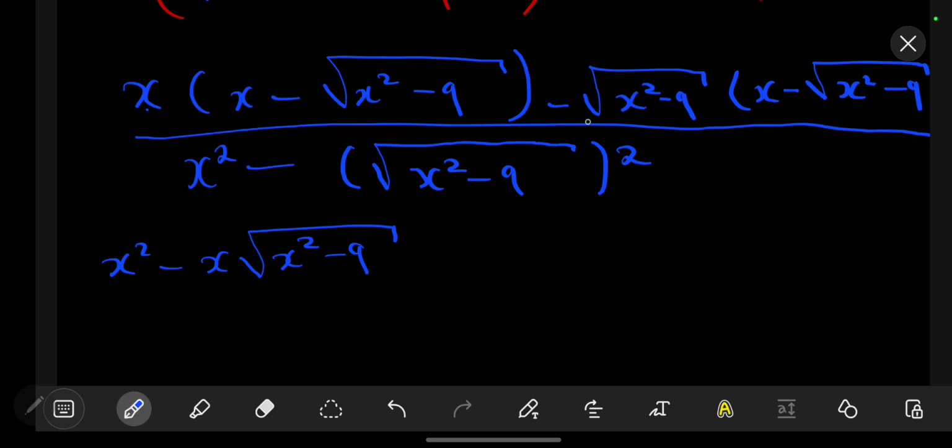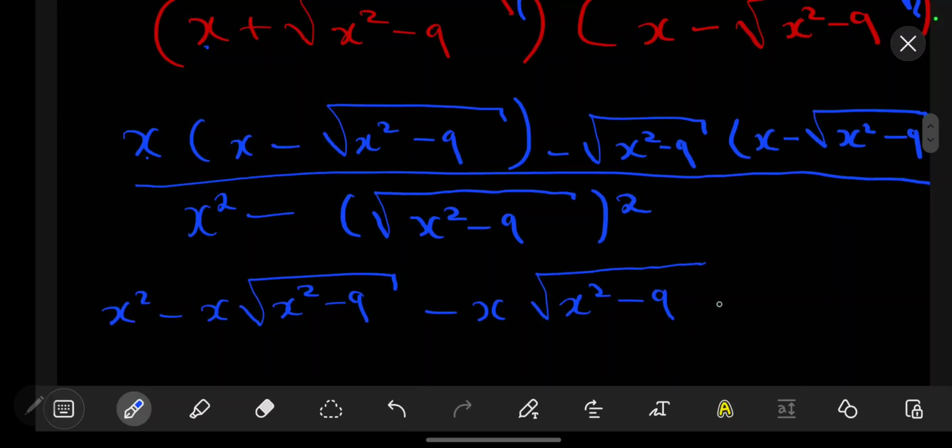Then we have this negative times this x, we have minus x square root of x squared minus 9. Last but not the least, we have this one times this one. So as you can see, it is the same, but this negative times this negative will be positive. Then we have what is inside, the square root of x squared minus 9, like that.